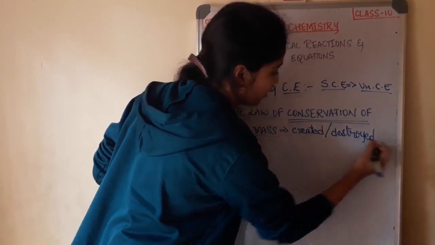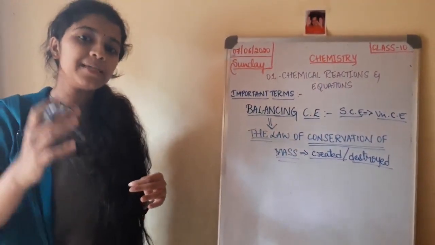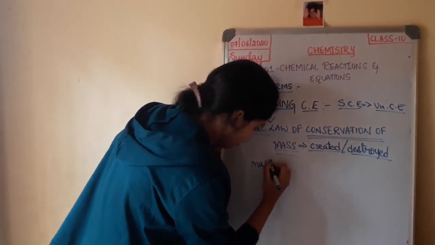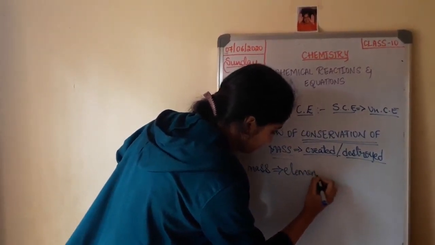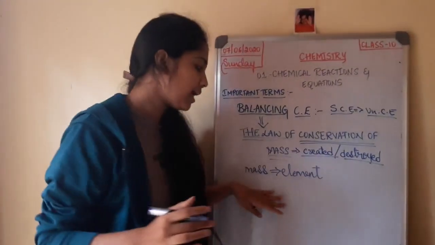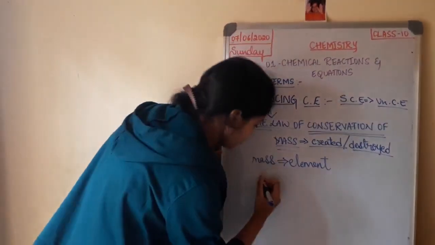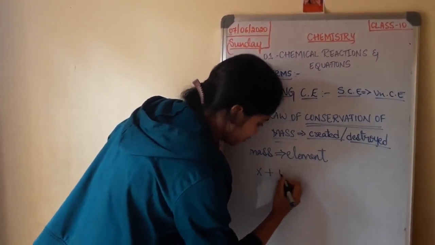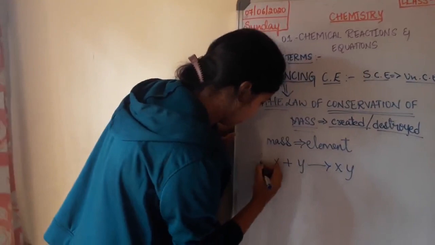This is what you are familiar with, but this can also be told in simpler words. That is, the mass of an element at the beginning of the reaction. For example, if x plus y gives me xy, this is just an example.